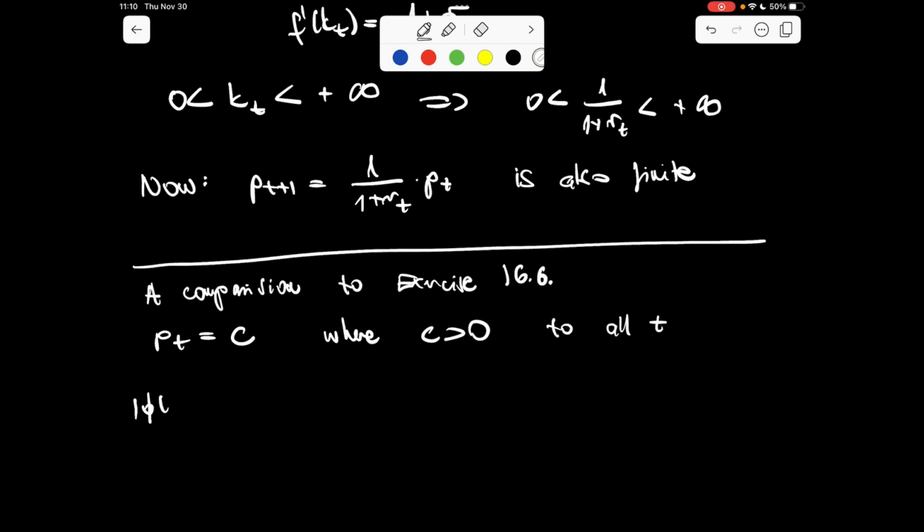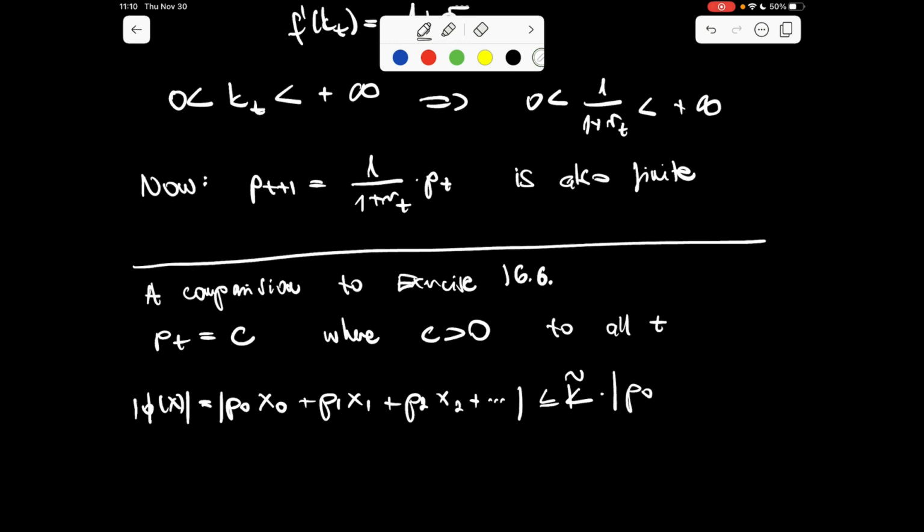And in this case, if we check if the linear functional that this price system defines is bounded, we realize that this is not bounded.